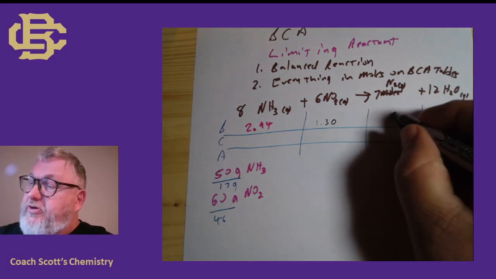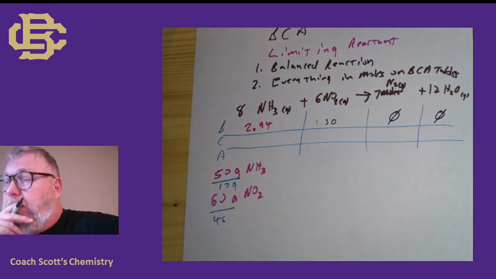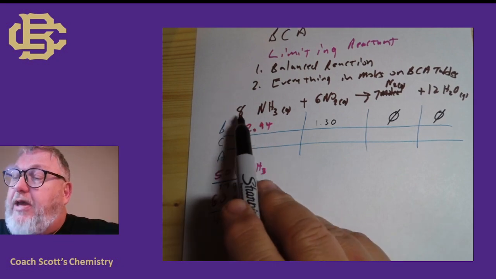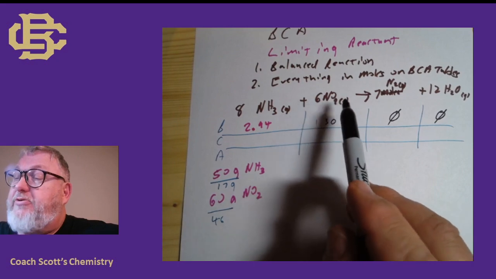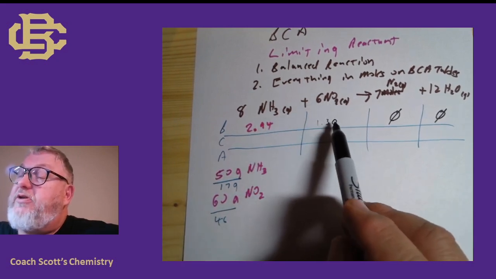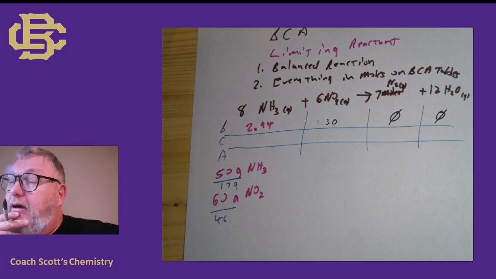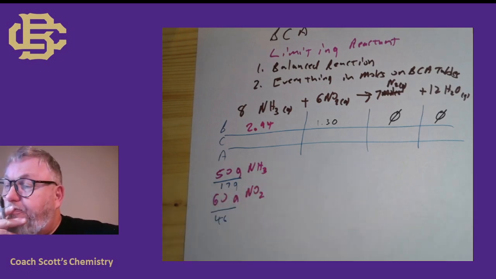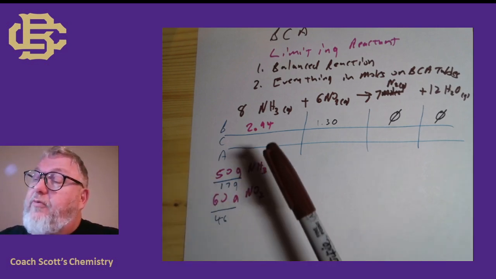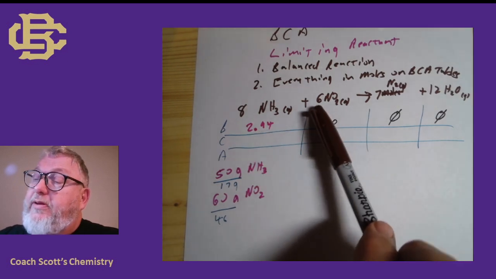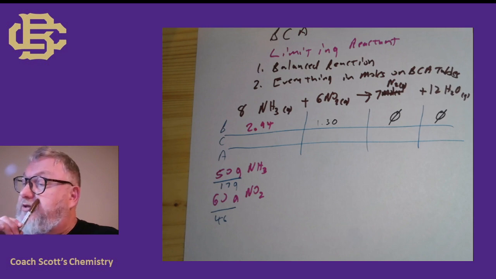Now I've got to use some logic here. Of course, there are 0 moles of products before the reaction. In the balanced reaction, I have 8 moles of ammonia and 6 moles of nitrogen dioxide. So this number of moles should be less, but let's see if I have enough of those. So if I have 2.94, it should be less, so I'm going to multiply by the ratio of the moles that will give me a smaller number.